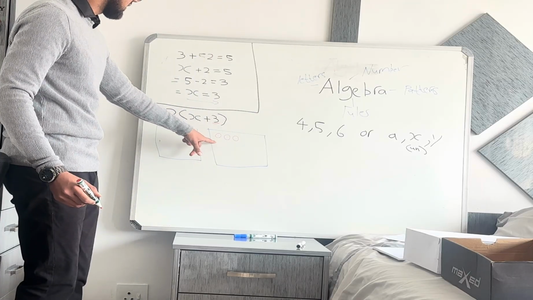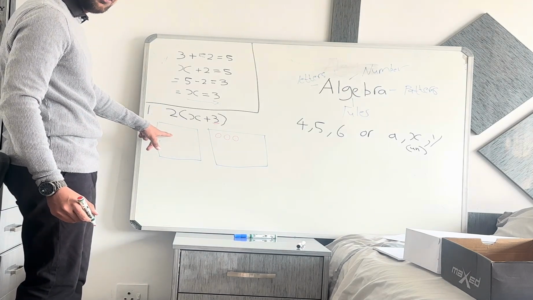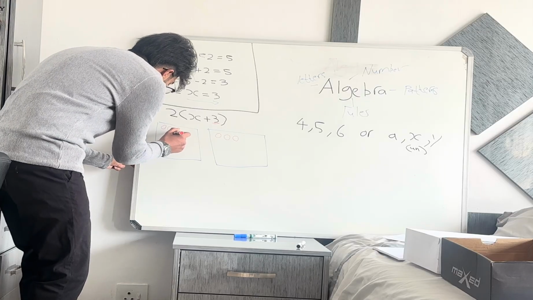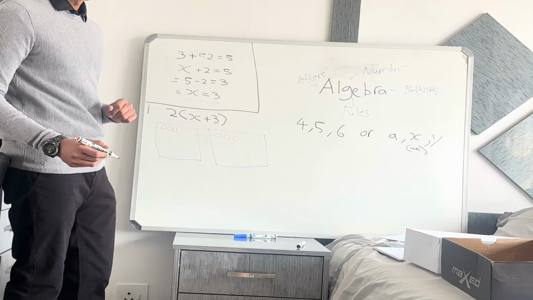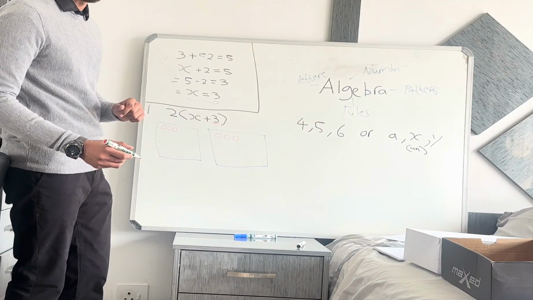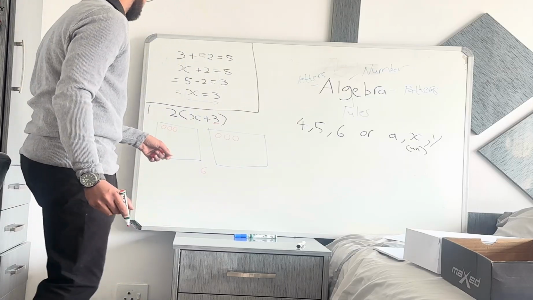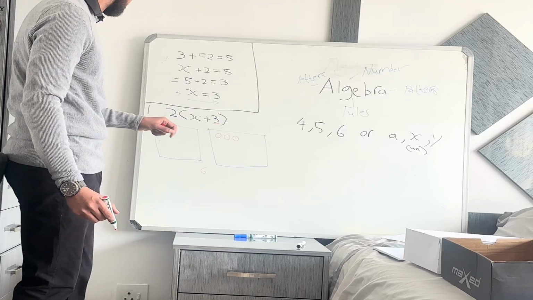So if he has this in one box and the same is in this box, how many oranges do you think he has? Correct. He has 6. But now, how would we solve for it?